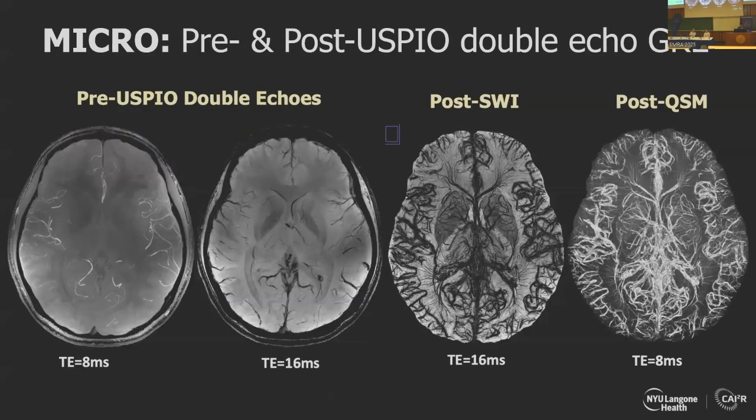So this is an example of MIVIC, which includes multi-contrast images. The first TE gives the TOF angiogram, and the second TE gives the SWI venogram. We can see the post-contrast SWI and QSM showing largely improved detection of the small vessels.